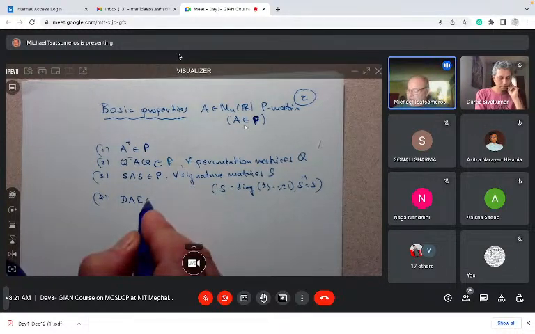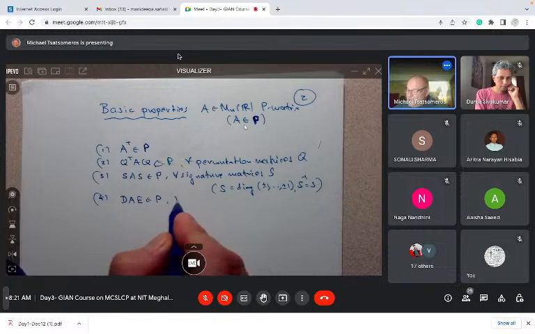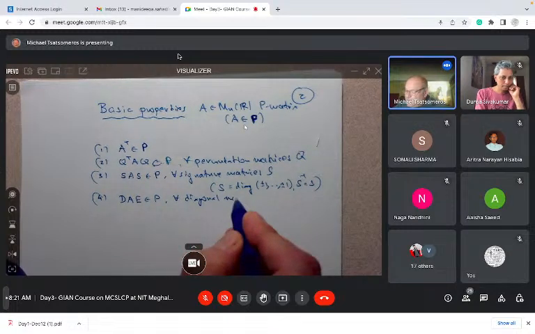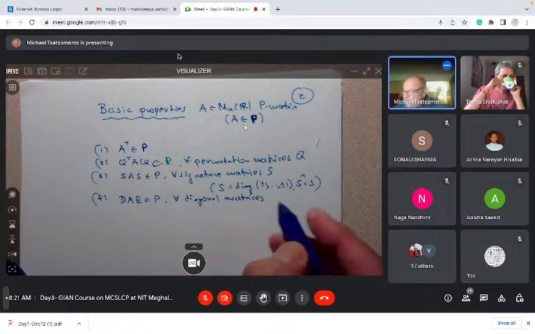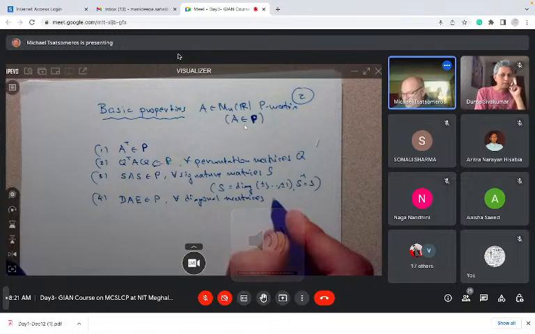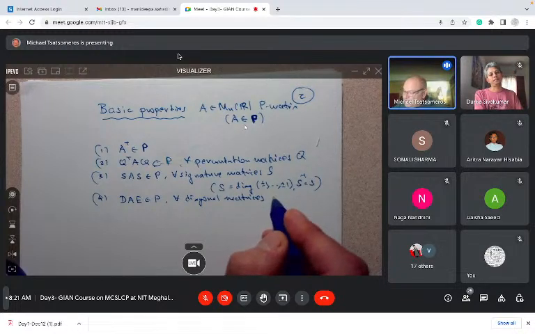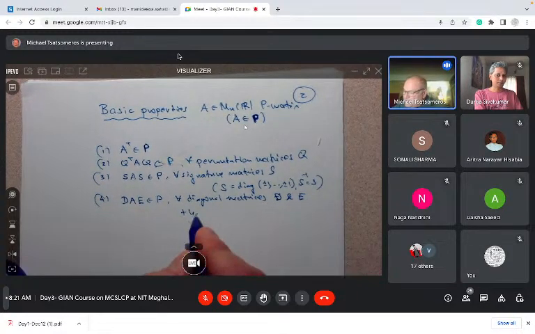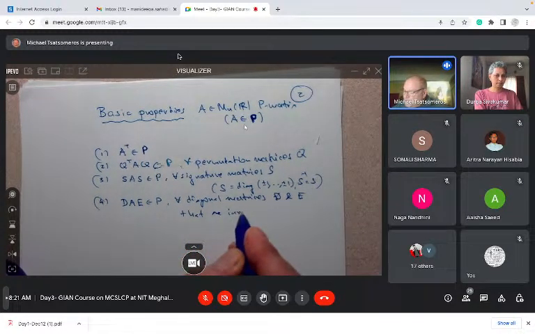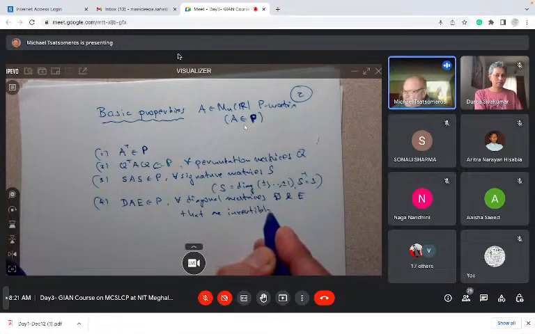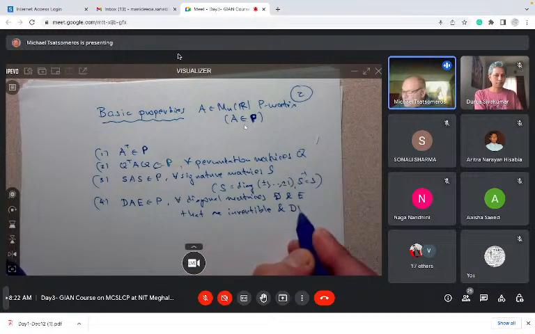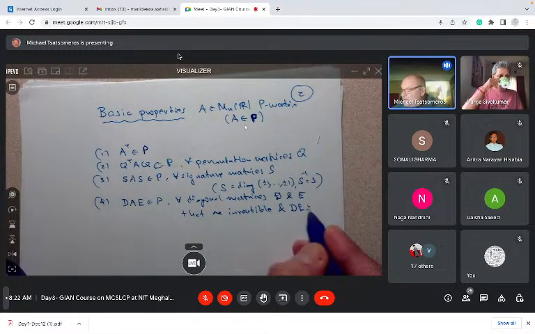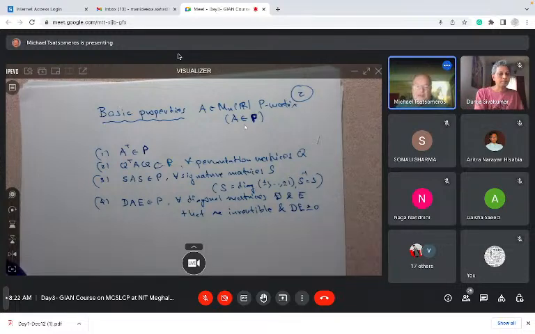Another property is that you can multiply from the left by D and from the right by E, and it remains a P matrix for all invertible diagonal matrices D and E. So you don't want zero diagonal entries, and the product of D and E is a non-negative matrix.